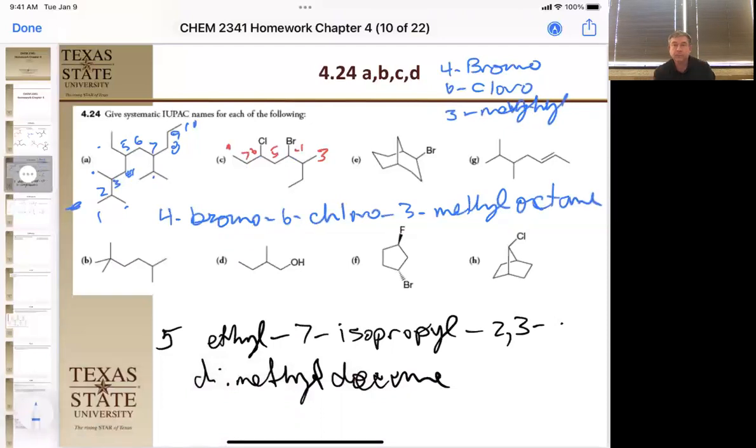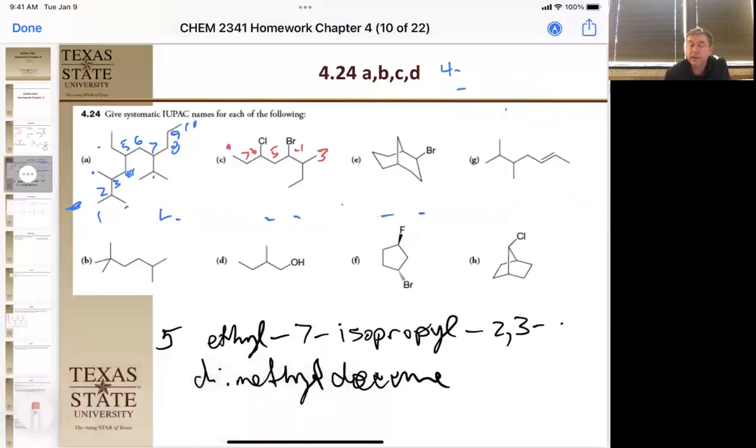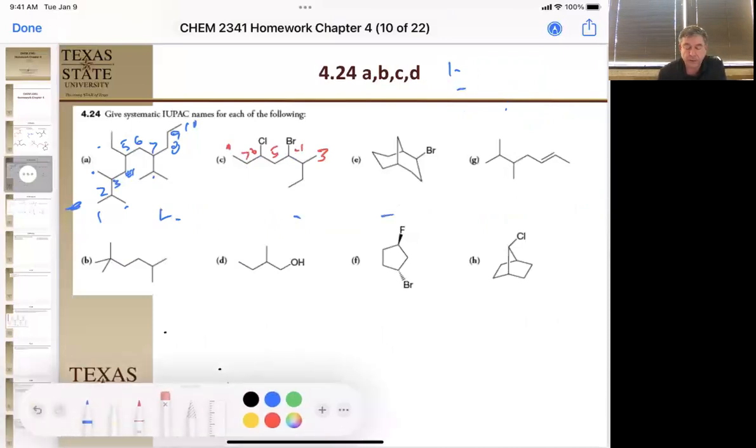Okay, there we go. Let's do C. Okay, I'm going to go ahead and clear this out of our way so we can do C. All right, we have a bicyclo compound. Okay, so we have to use some rules for the bicyclo compound.